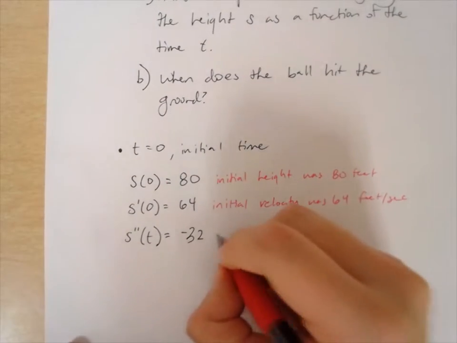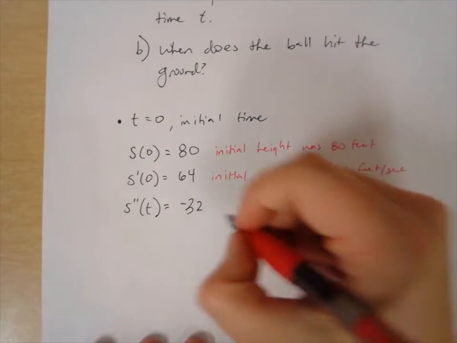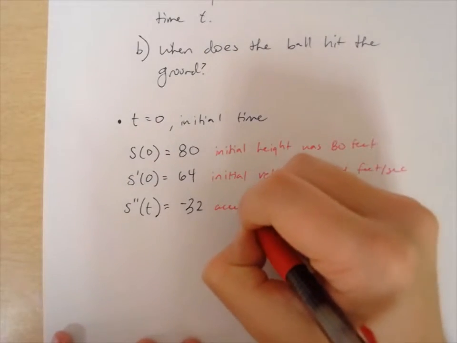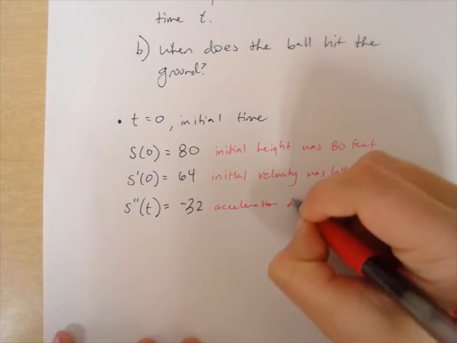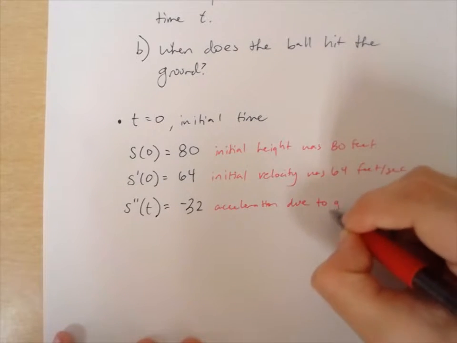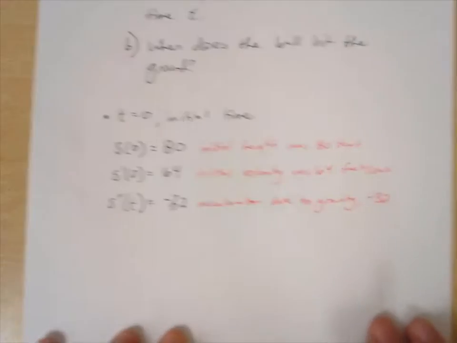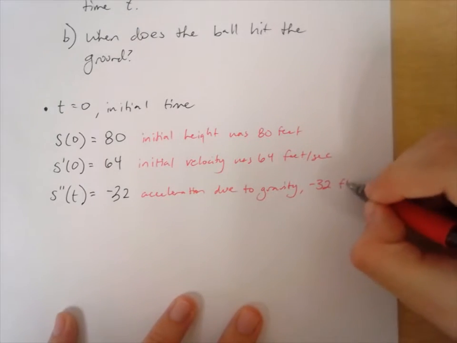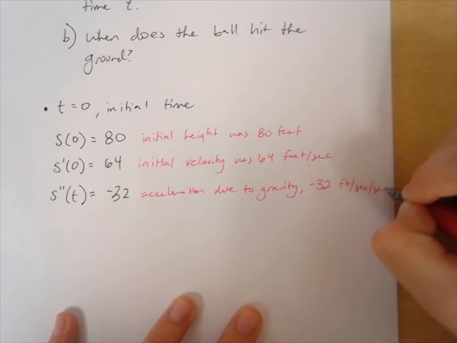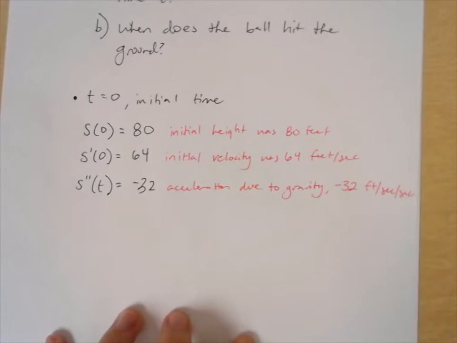And then negative 32, we can say that that's just acceleration due to gravity, and that's negative 32 feet per second per second. Okay, kind of fun stuff there.